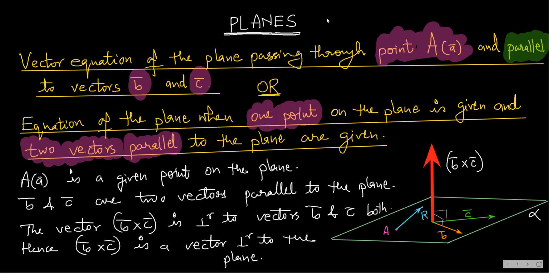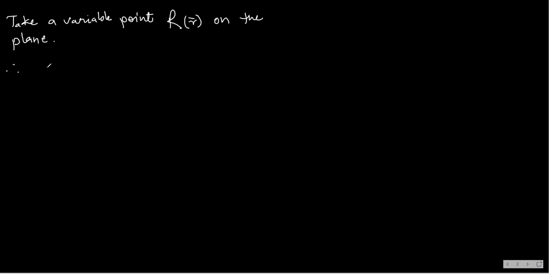I will write the next step as: take a variable point R, whose position vector is r bar, on the plane. Therefore, the vector AR bar lies on the plane.